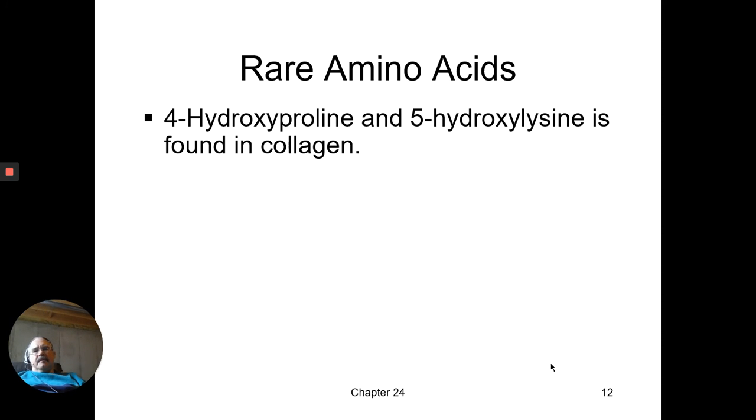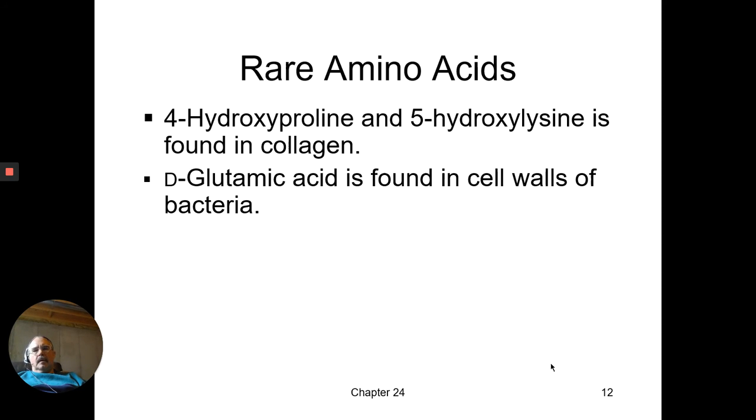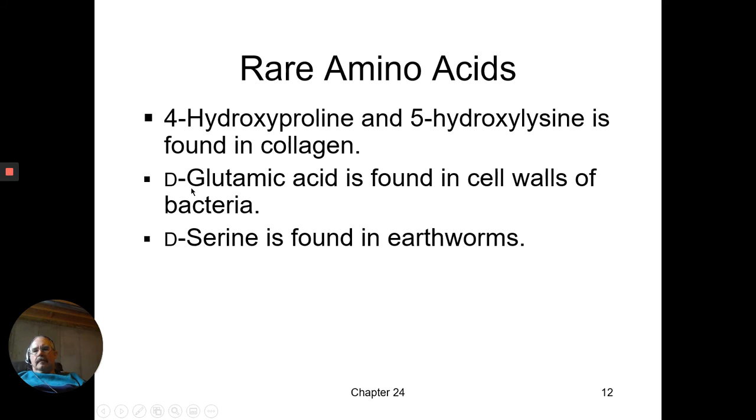Okay, these are some examples of rare amino acids. We have 4-hydroxyproline and 5-hydroxylysine, which are found in collagen. D-glutamic acid is found in the cell walls of bacteria. Okay, most common amino acids are L. D-serine is found in earthworms.